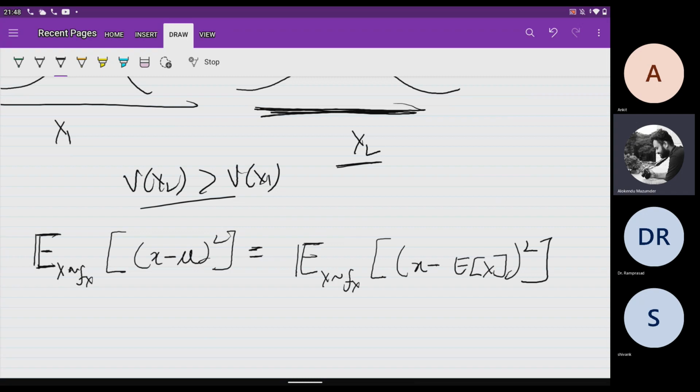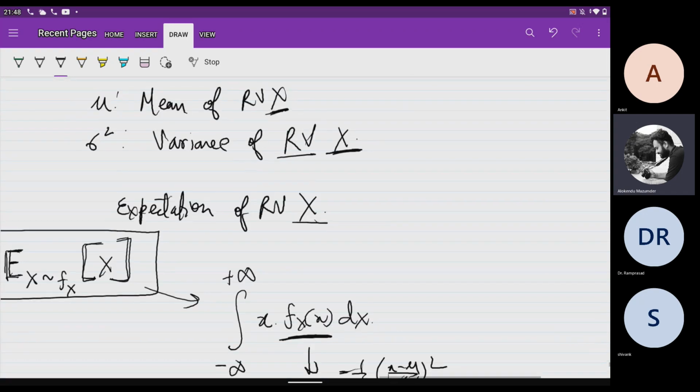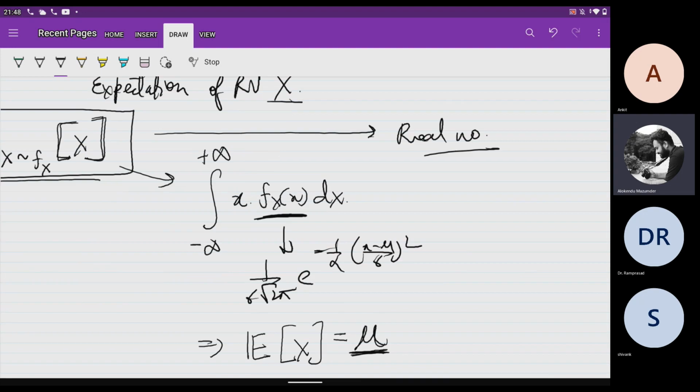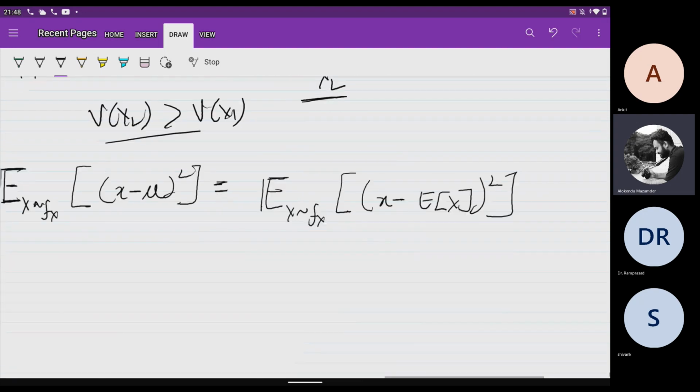And you understood that this expectation is a real number, right? Because when you perform the integration, it will be a real value. And so does the variance.